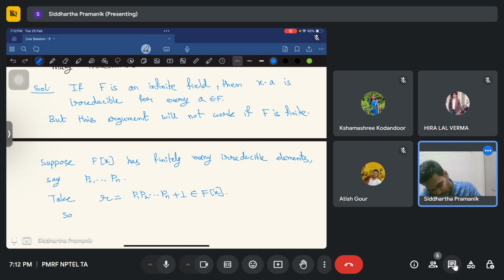So r must have some irreducible factor, and this is because F[x] is a UFD.